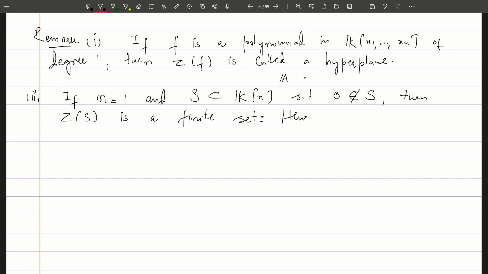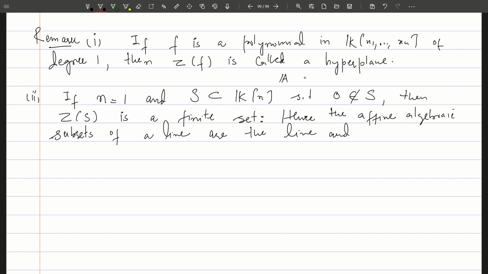Hence the affine algebraic subsets of a line are the line itself and the finite sets.